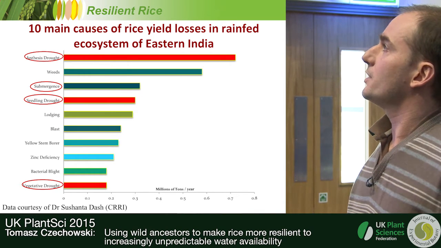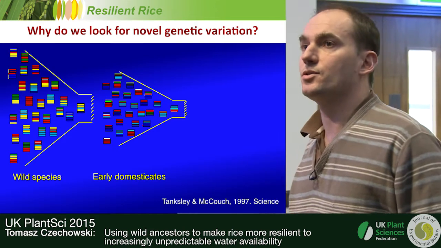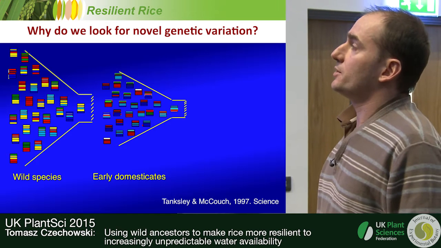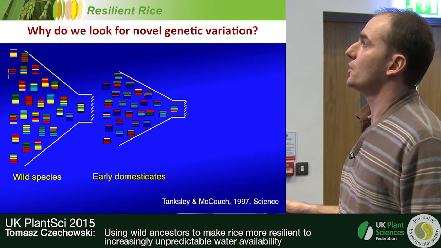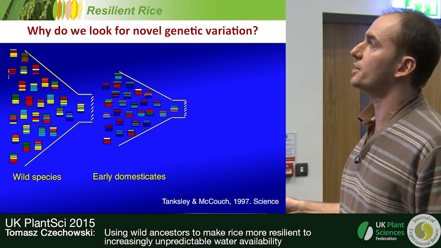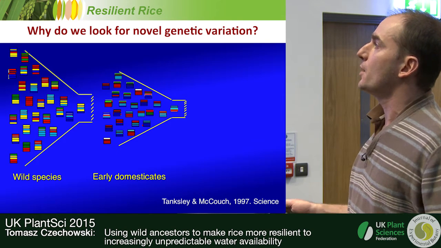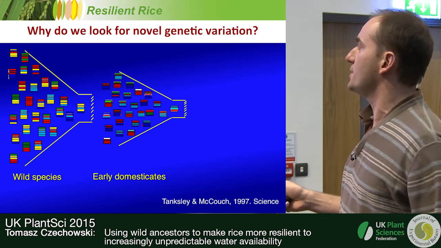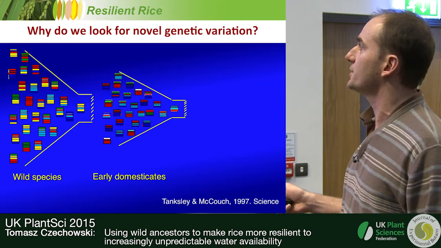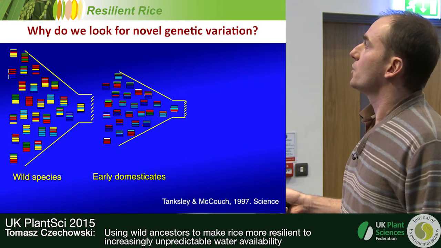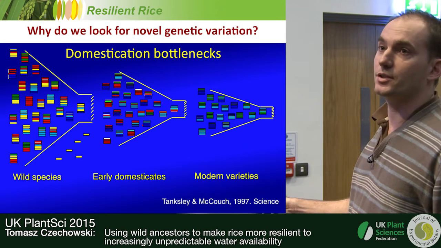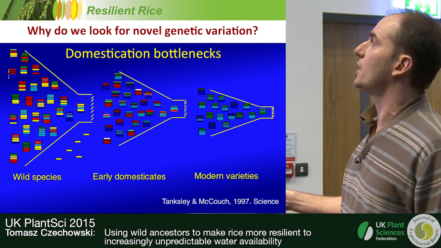So why is rice so susceptible to drought? Domestication of rice happened around 8 to 13,000 years ago, and we had huge genetic variation in the wild species, which then, through intensive breeding, went through what we call domestication bottlenecks. This caused a loss of the alleles that conferred resistance to these diseases and drought, for example.